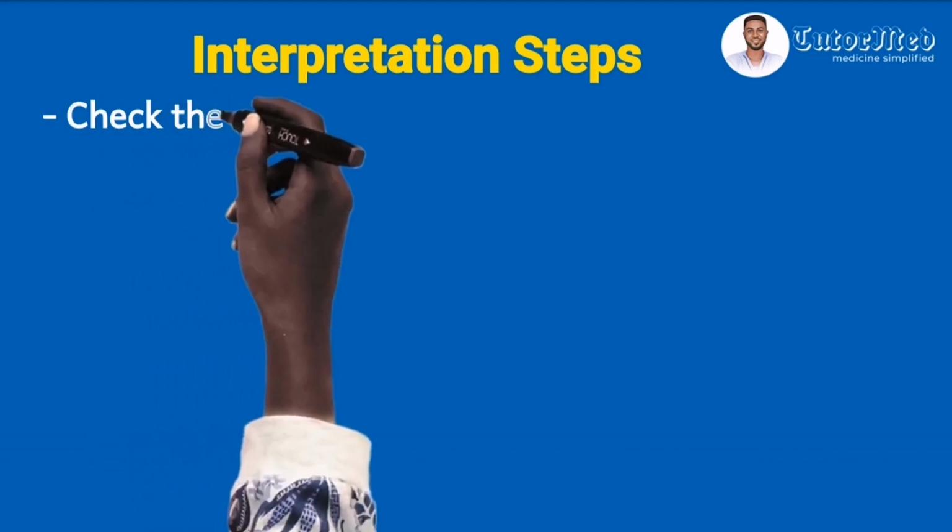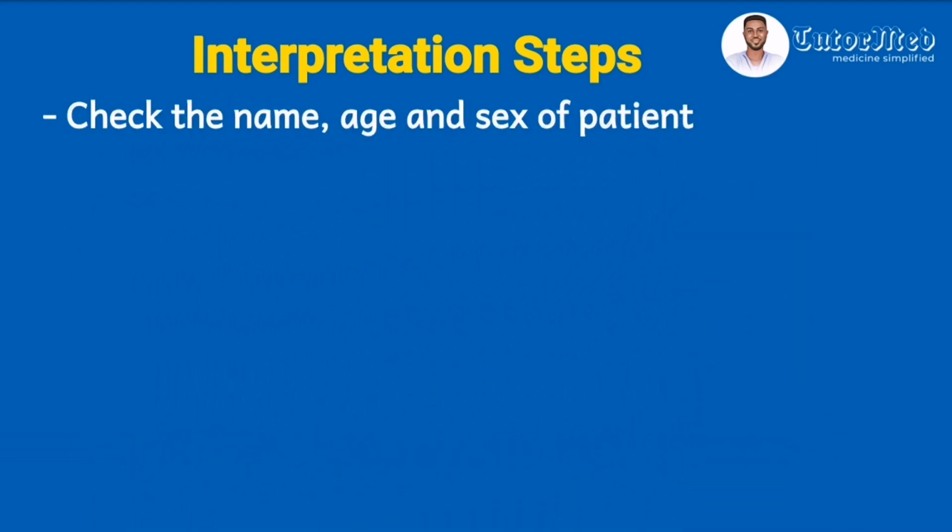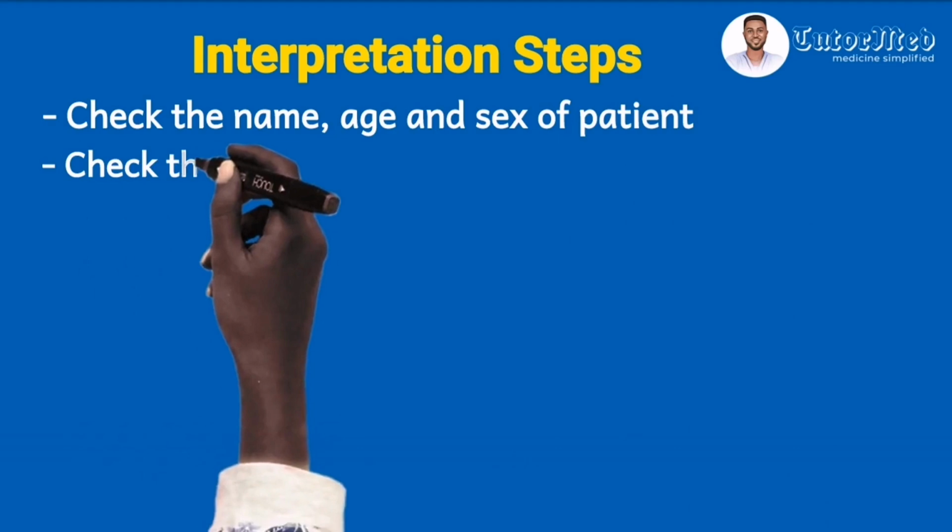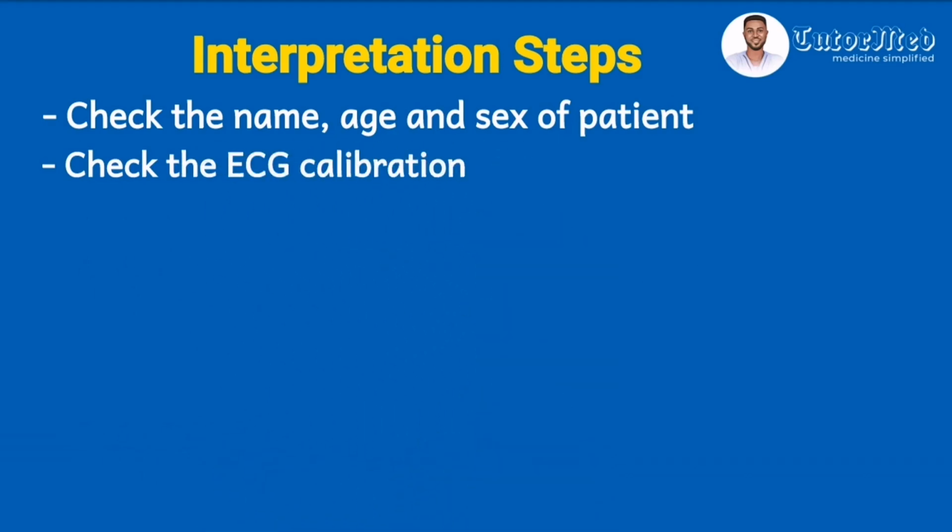And so the first step is to check the name of the patient, the age, and then the sex, and the date on which the ECG was done. Next, check the calibration of the ECG machine to ensure that it has a standard calibration. We will see how to look at this when we begin the interpretation video.